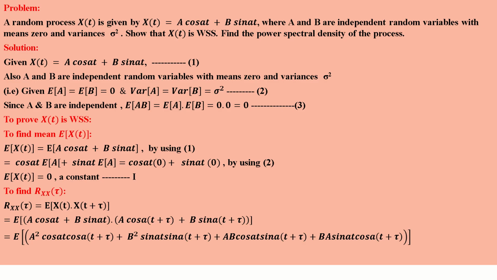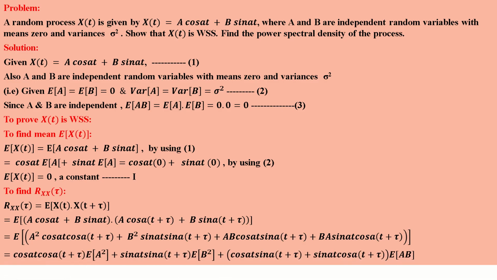Again A and B are random variables, and cos α(t+τ), sin α(t+τ) are all constants. We take those things outside the expectation. So we get cos αt cos α(t+τ) E[A²] + sin αt sin α(t+τ) E[B²] + (cos αt sin α(t+τ) + sin αt cos α(t+τ)) E[AB].